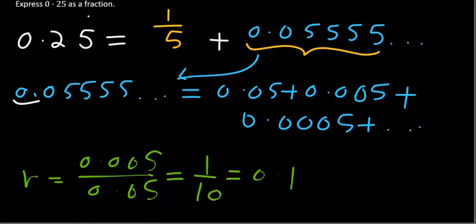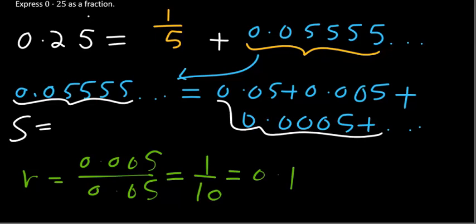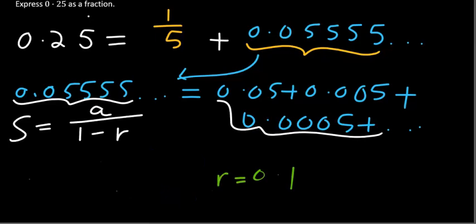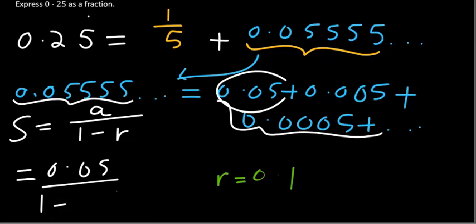What that means is this term can be evaluated as the sum of an infinite geometric series in the following form. Remember the formula? The first term over 1 minus the common ratio. So the first term is 0.05, divided by 1 minus the common ratio, which is 0.1.